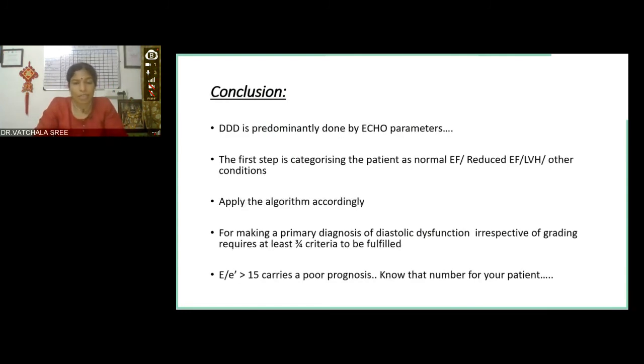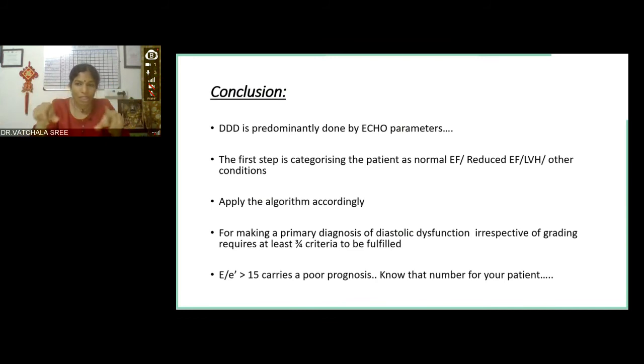So, my dear friends and colleagues and all my delegates who are watching this program, to conclude, the diastolic dysfunction determination is predominantly done by echo parameters. The first step is categorizing your patient, whether you're doing a diastolic assessment in someone with normal EF or in someone with abnormal EF or abnormal left ventricular hypertrophy or abnormal valvular heart problem.